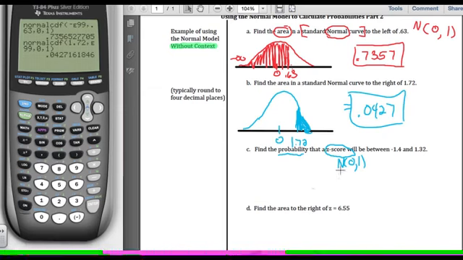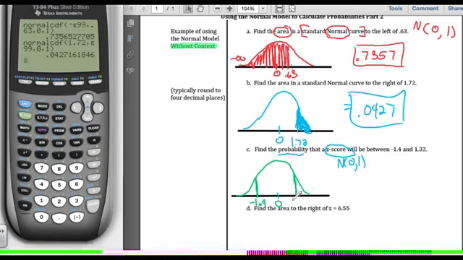Draw in a sketch of this. Zero as my mean in the middle. Negative 1.4 would be somewhere down here. 1.32 would be somewhere here.